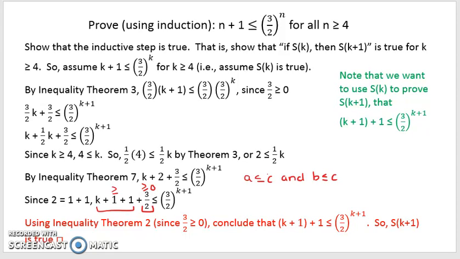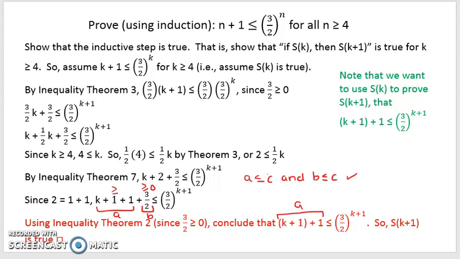So I call this piece down here my a. Since a plus b, which is the 3/2, is less than or equal to 3/2 to the k plus 1, each piece is too. So that says that my a alone, which is this, is less than or equal to 3/2 to the k plus 1. And that is my S of k plus 1. So you have to use inequality 2 in order to make that last step.